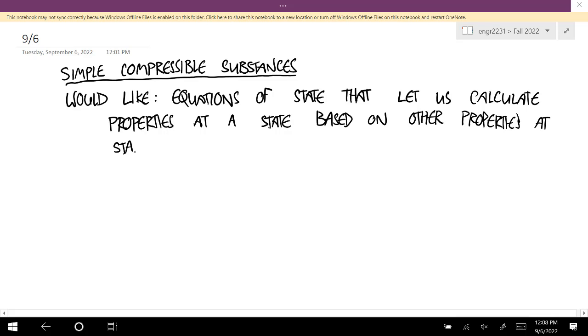You can think of it like the ideal gas law does this. If at a given state you know the pressure and the volume, you can calculate the temperature with the ideal gas law.